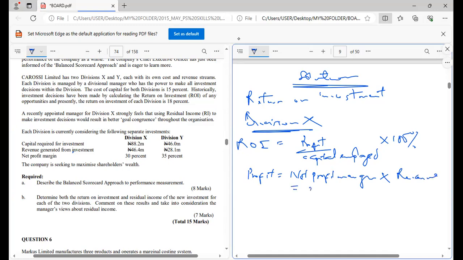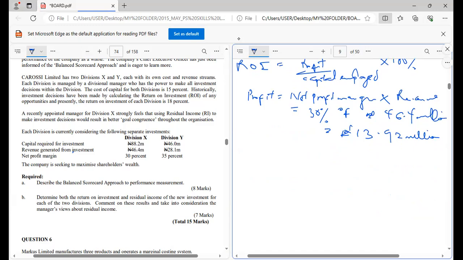So that gives me 30% of 46.4 million. Please calculate. That's 13.92 million.